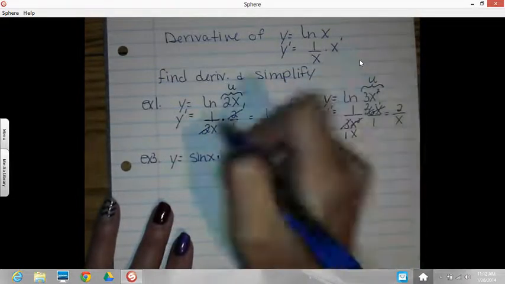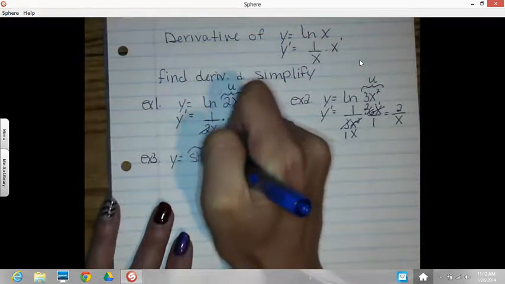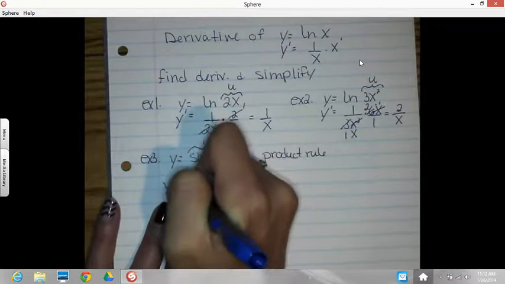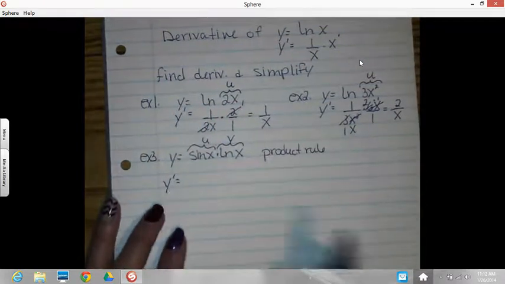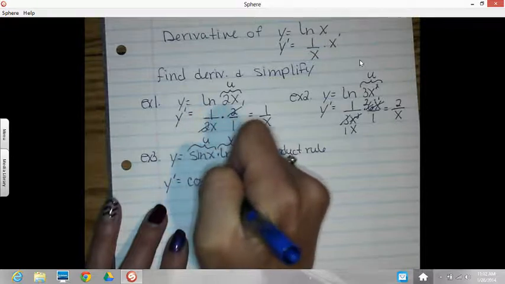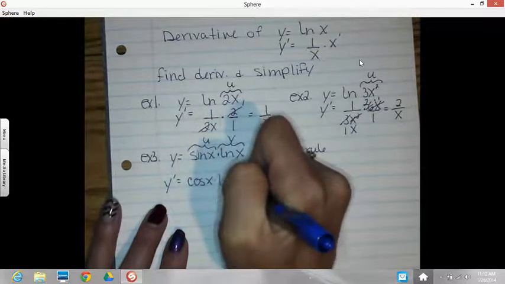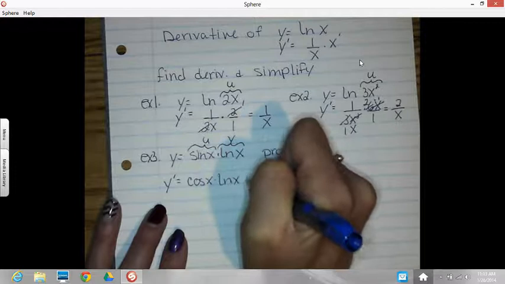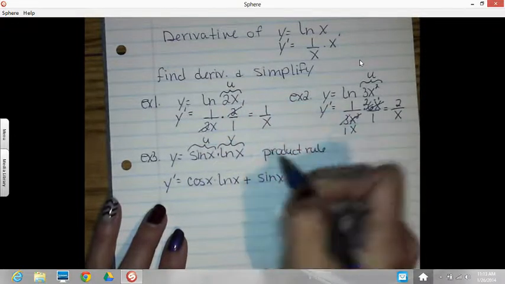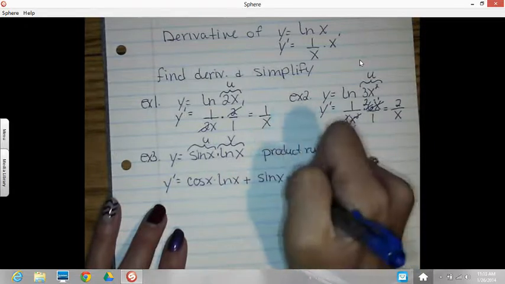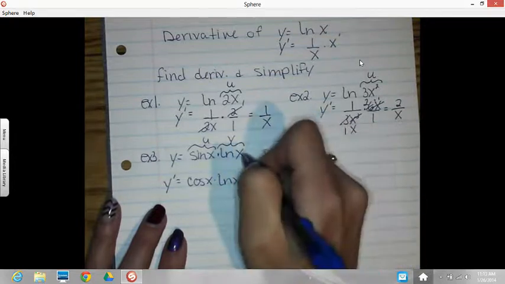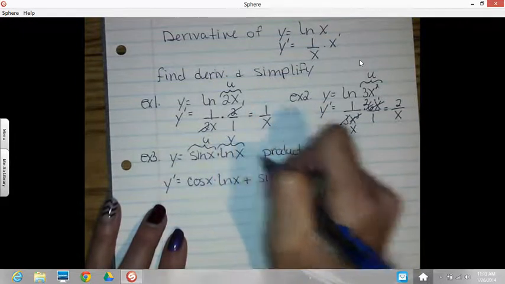Okay, so I've got a u times a v. So following the product rule, starting derivative, so change the notation. I need the derivative of the u, which is cosine x, times by the v, plus, keep the u, times by the derivative of the v, so that would be, it's a natural log, so it's 1 over the u part of the natural log, which is the x.